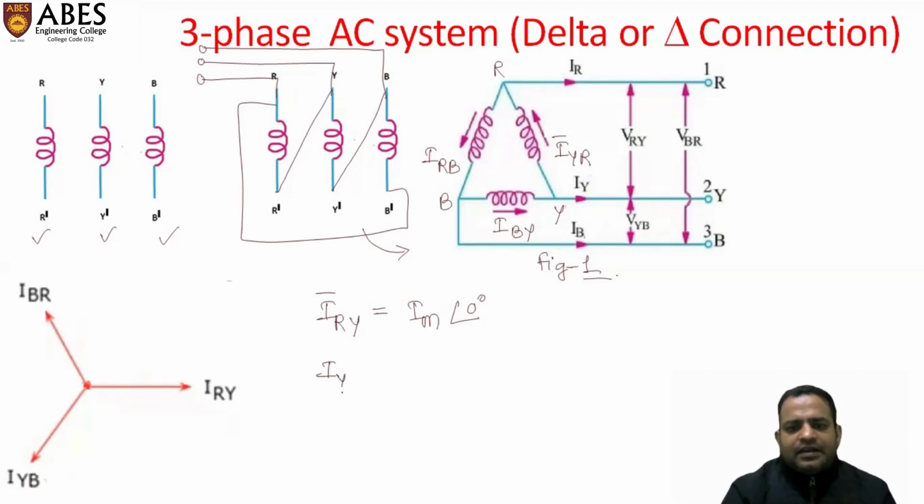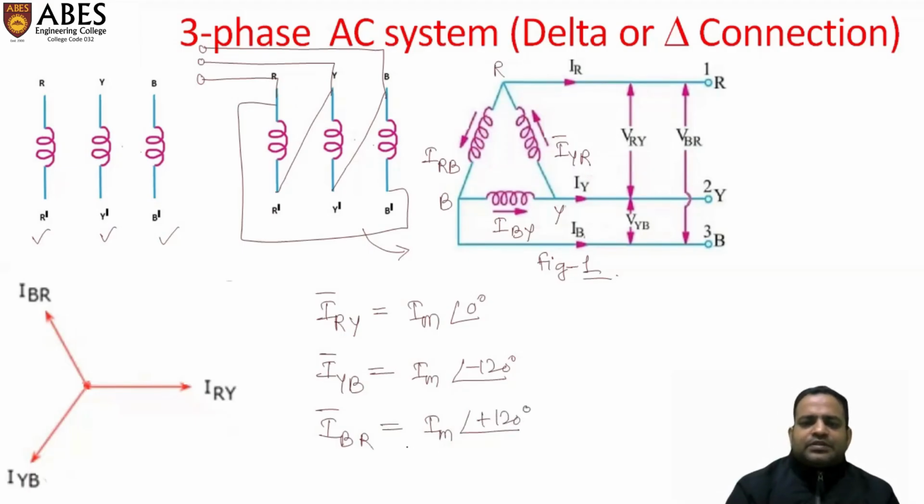Another is IYB, which is 120 degrees apart, having the similar magnitude IM with an angle of minus 120 degrees, and our IBR, which is also 120 degrees apart at an angle of 120 degrees in the anti-clockwise direction in positive sequence.